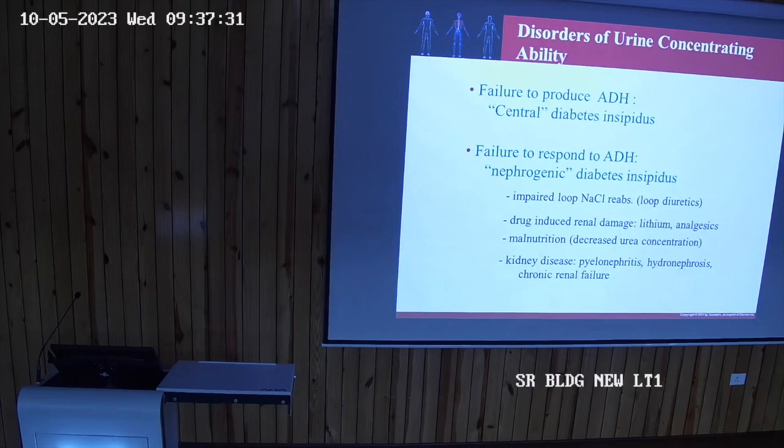So the V1 receptor is what gives the name vasopressin to ADH because it is responsible for pressing the vessels.